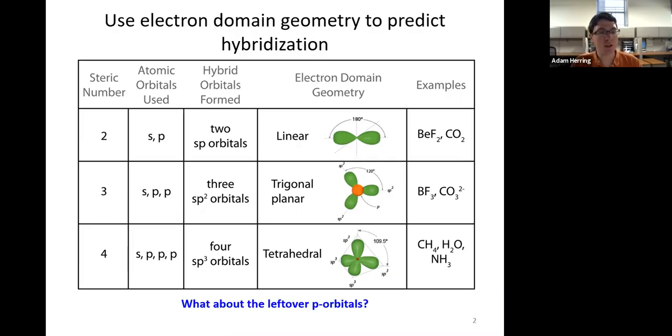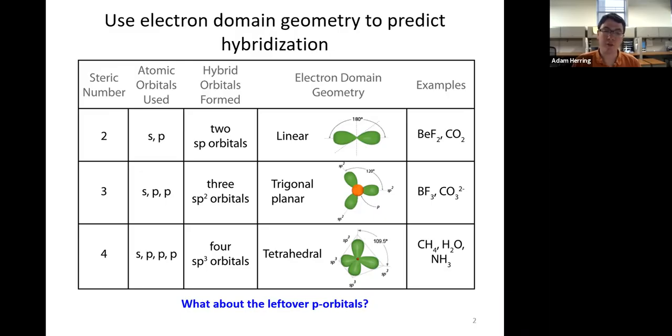If we need 3 total electron domains, then we need 3 identical hybrid orbitals. That is made up of 3 atomic orbitals, 1 s and 2 p's, giving us 3 orbitals which are all sp2.